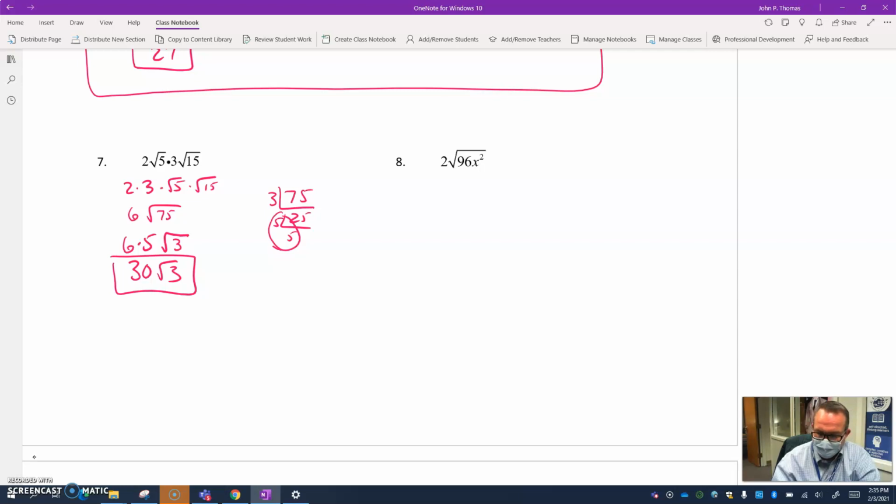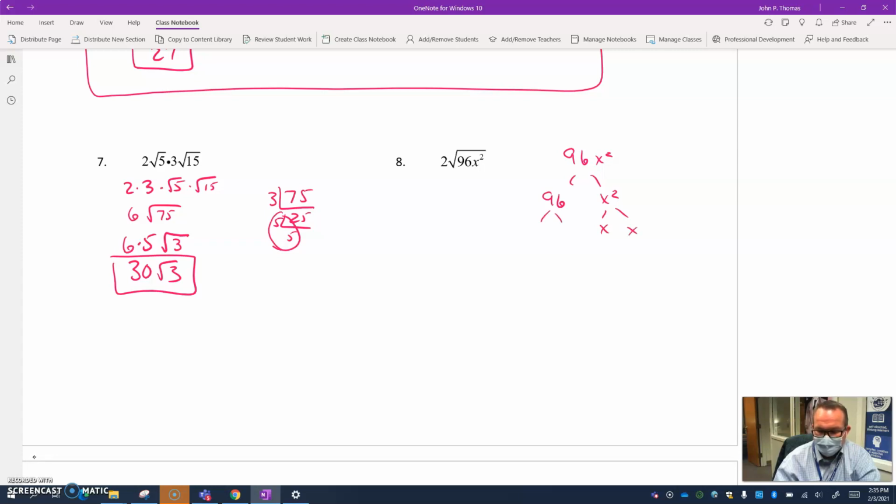All right, looking at the next one, this one has a variable in it. Don't let that throw you off. Just think of it the same way. So I've got root 96 x squared. If I was going to do a prime factorization, I might think 96 and x squared. Breaking the x up, I might think x and x.